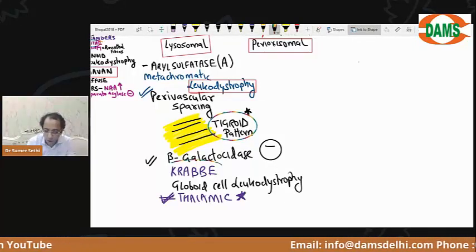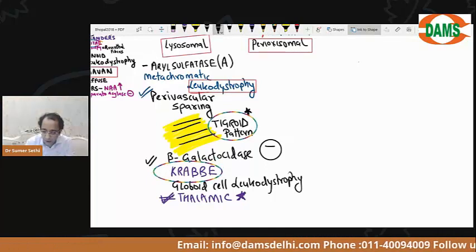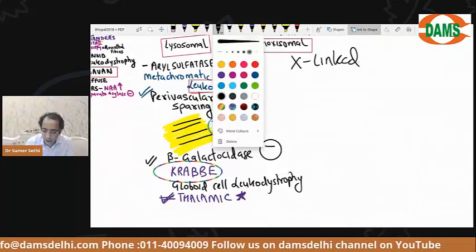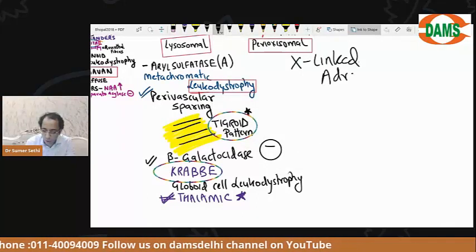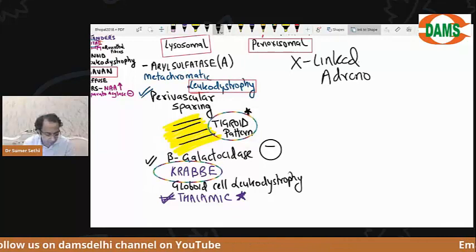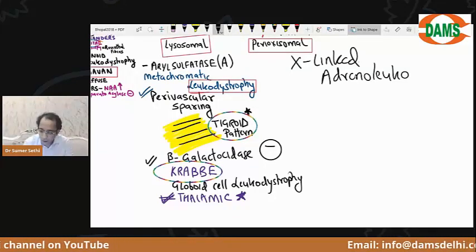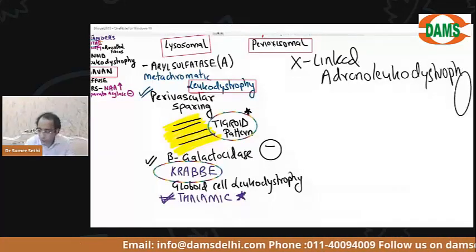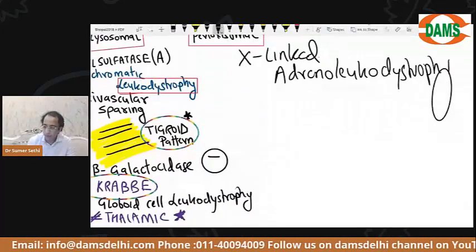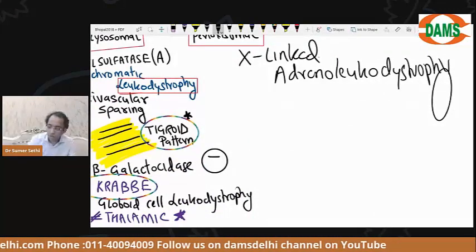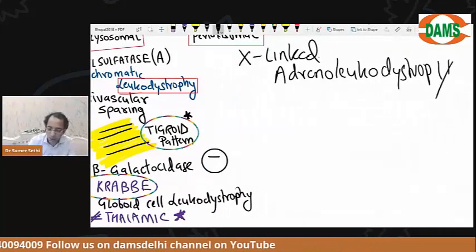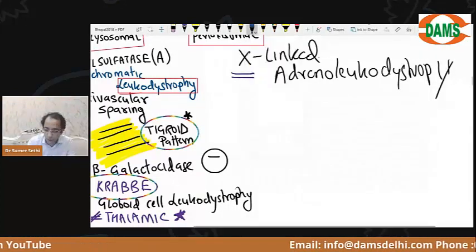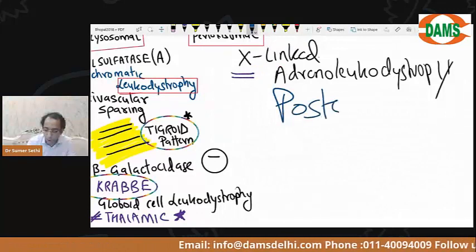Now there is an X-linked peroxisomal disorder called X-linked adrenoleukodystrophy. Everybody clear? Have you heard of this before? This X-linked leukodystrophy, adrenoleukodystrophy, has predominant involvement in the posterior part of the brain.